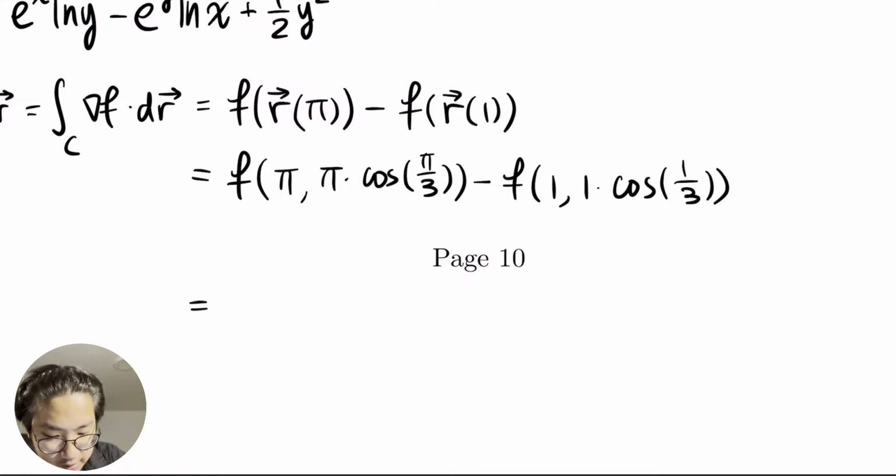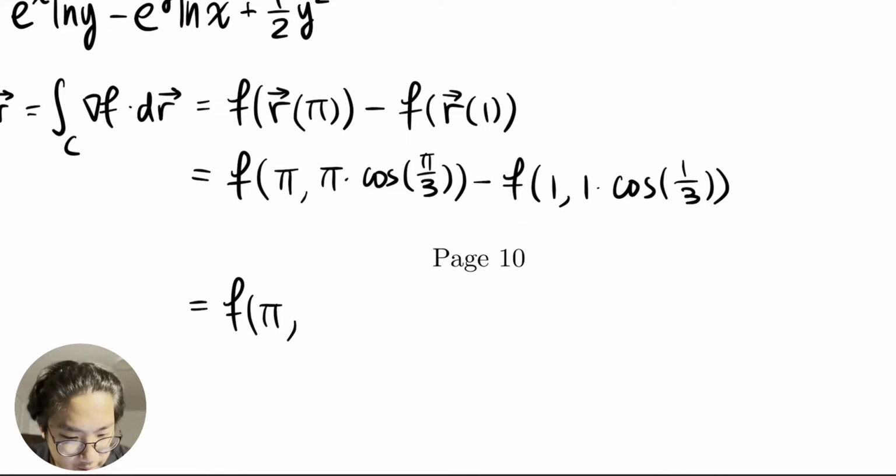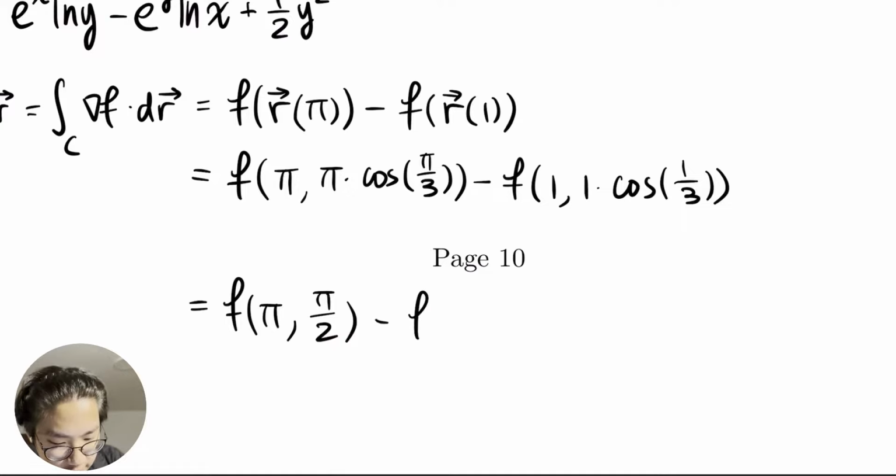And we can simplify this one step further. So pi, comma, and then pi times cos of pi over 3, which is cos 60, so 1/2. Yes, 1/2. So we have pi over 2. And then just minus f of 1, comma, 1 times cos of 1 over 3, which is just cos of 1 over 3.